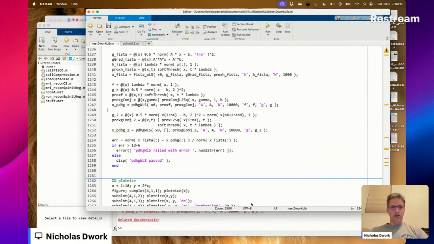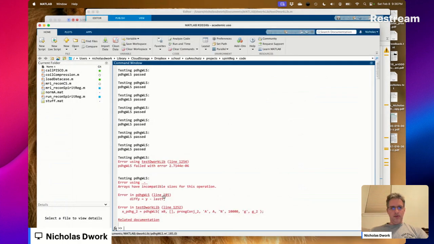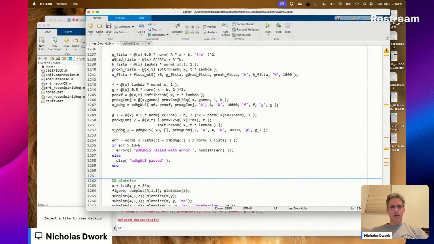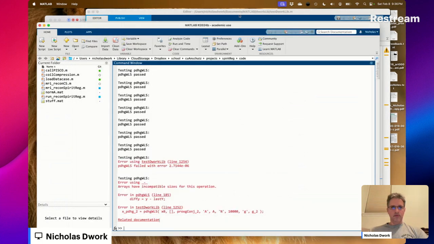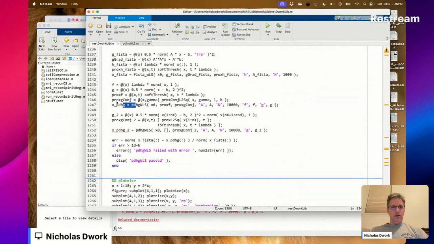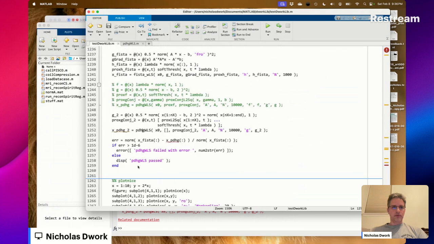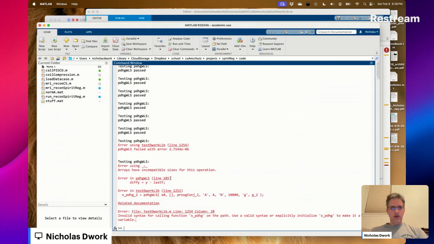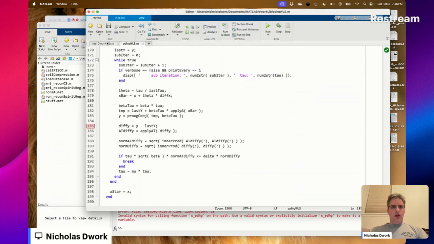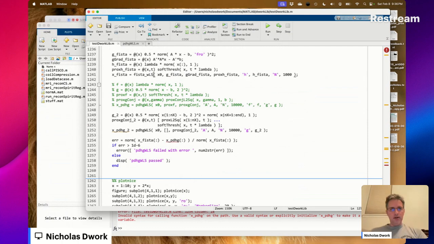Does this run? No. Arrays have incompatible dimensions. Huh. Wow.